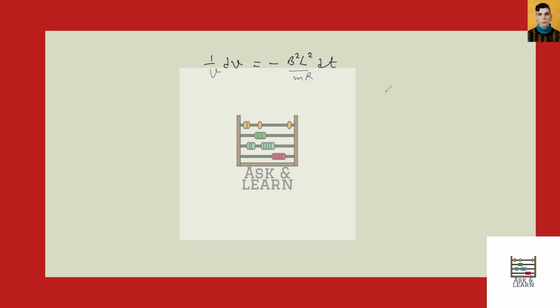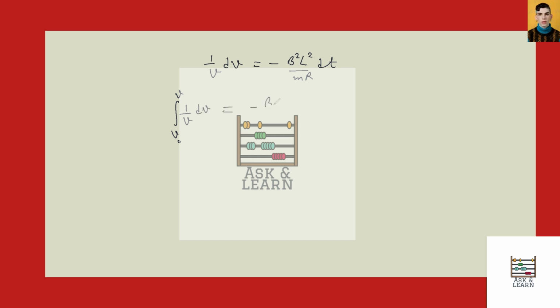So we can convert these small changes in speed and small changes in time in terms of the final speed and final time using integration. So if the speed is changing from initial v naught to final v, here it will become integration of 1 by v with respect to dv.